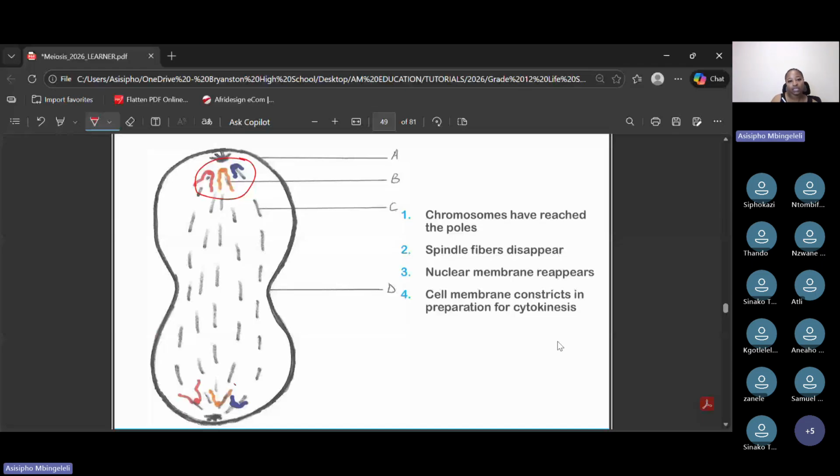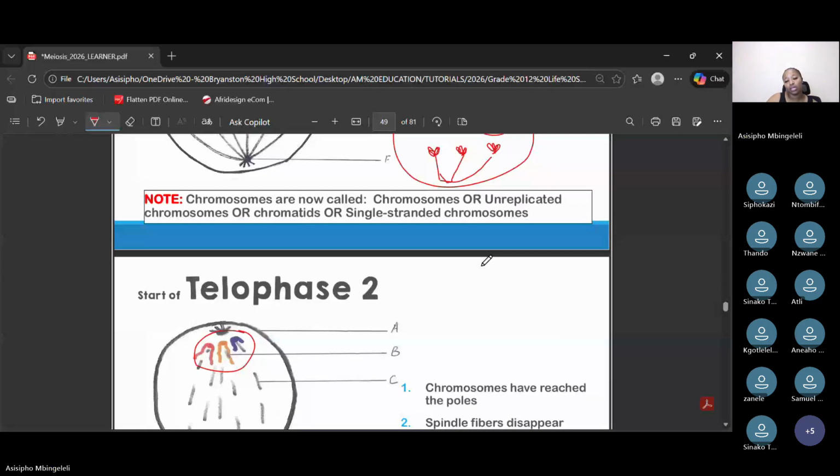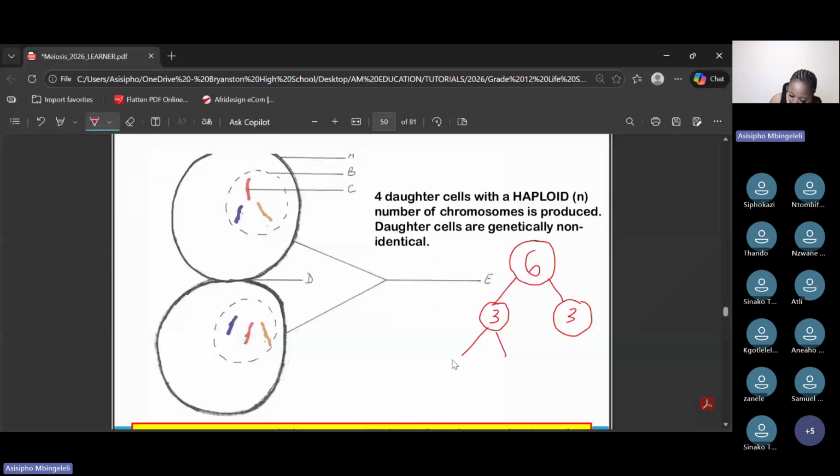3 chromosomes in a cell, 3 chromosomes in a cell. The total is 4. Whatever I was showing you here was what is happening in one cell in meiotic division 2, which is the same thing that will happen in the second cell of meiotic division 2. So what did we have? We had our parent cell, which had 6 chromosomes. At the end of meiotic division 2, there were cells that had 3 chromosomes each, about 4 cells in total.